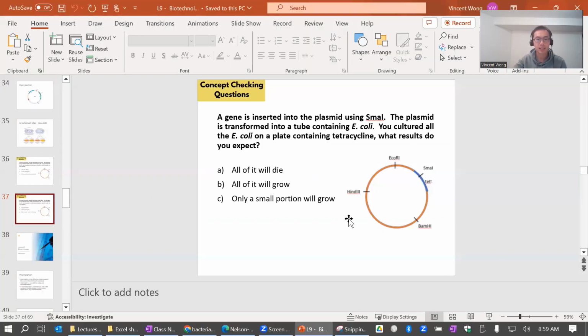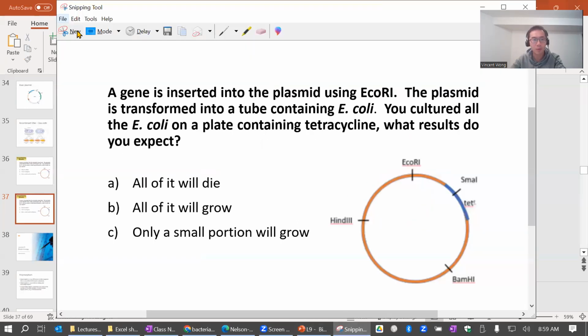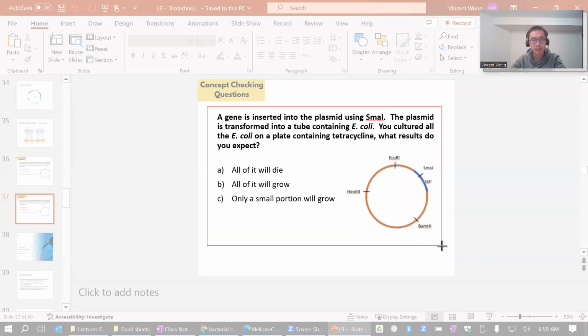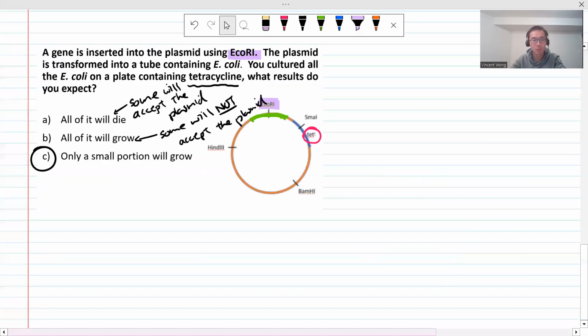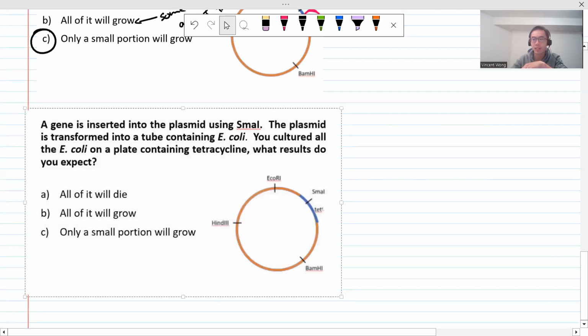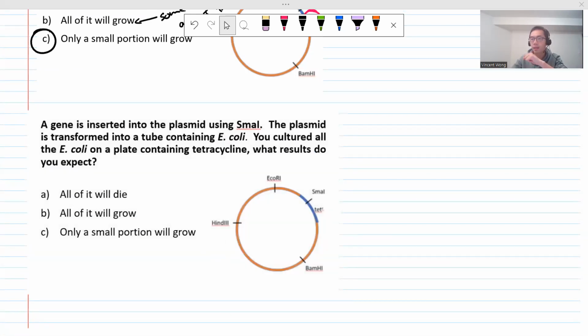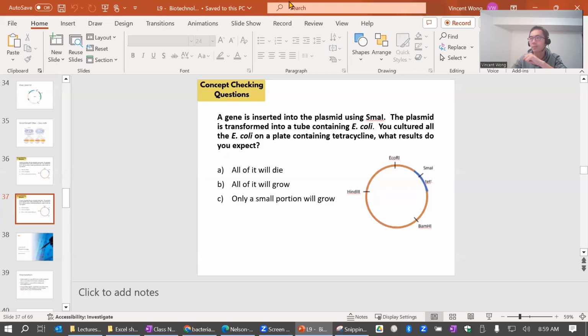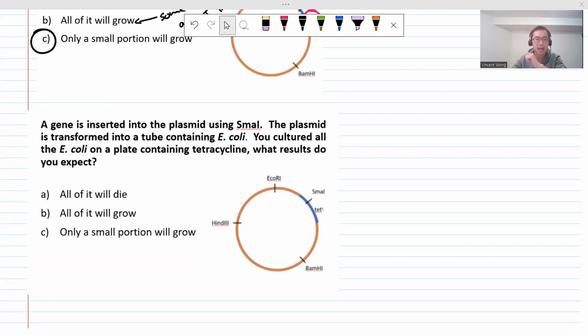Let's take a look at the second question here. It's the same question with one difference. A gene is inserted into the plasmid using a different restriction enzyme. Okay, this time we're using SmaI, and everything else is the same in the question.